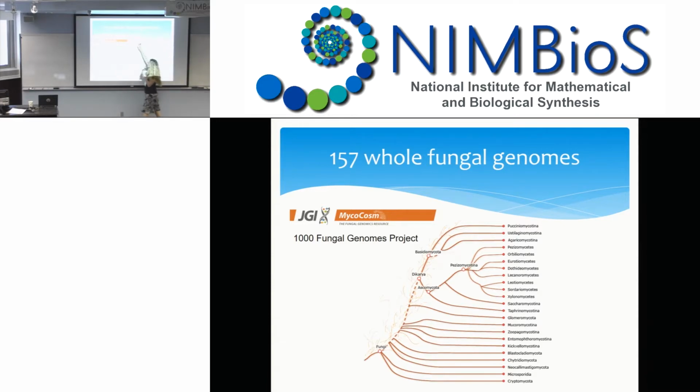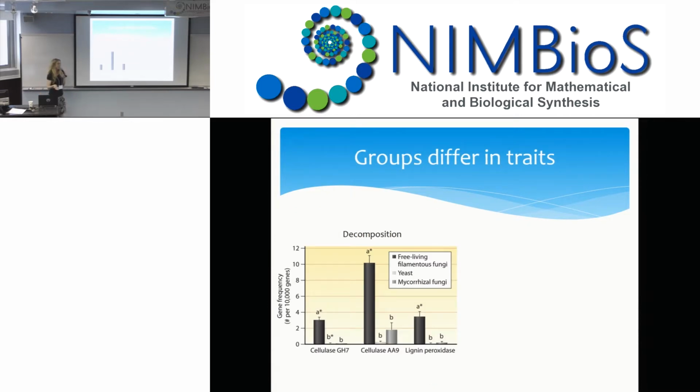All right, so now I could go into each of these genomes and look for those genes that are associated with those functional traits and see how they're distributed. So what I did was I went into each genome and counted up the number of gene copies for each of these traits and asked whether they were distributed differently among morphotypes. First I'm going to talk about these decomposition traits.